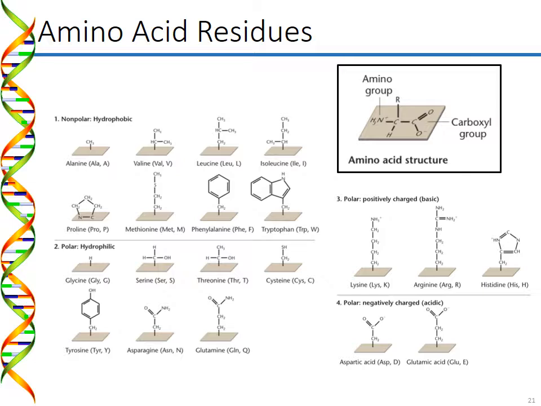So the first one we see, for example, is alanine, which at that central carbon has within that plane the amino group, the hydrogen, and the carboxyl group, and then coming up off of that is its particular residue, R group, which is the CH3 methyl group, and the various other amino acids are shown here.